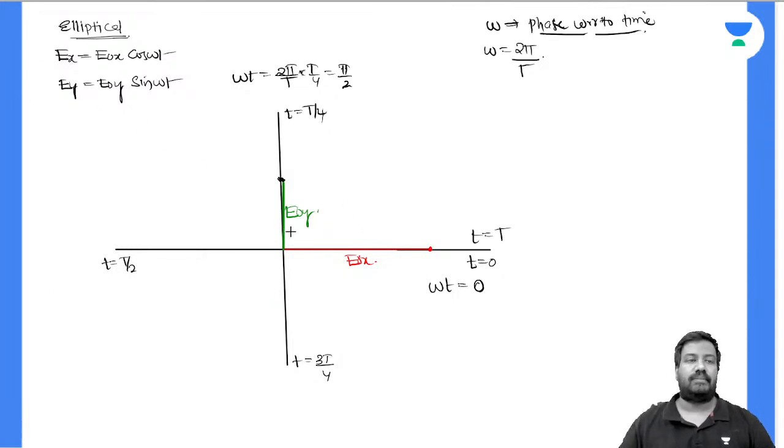Next. T is T by 2, omega t is 2 pi by T into T by 2, that is pi. Cos 180 is minus 1, sin 180 is 0. Ex is minus E naught x.